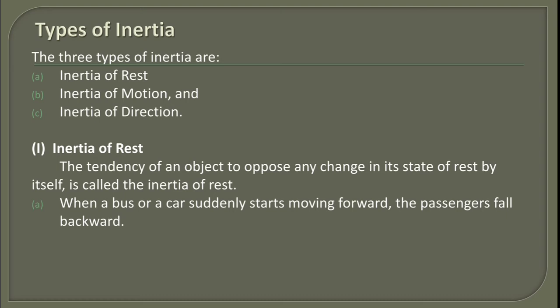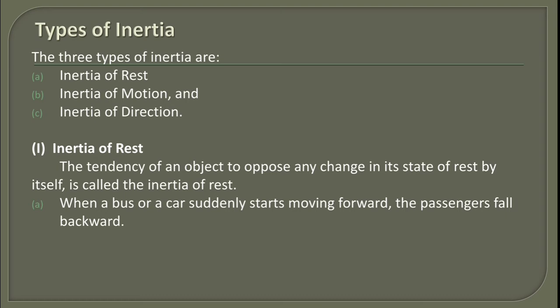But when the bus starts suddenly moving forward, the lower part of the passenger, which is in contact with the seat of the bus, also starts moving forward. But the upper part of the passenger, especially the head, which is not in contact, tends to maintain its state of rest because of inertia of rest, and that's why it feels a jerk and falls backward.